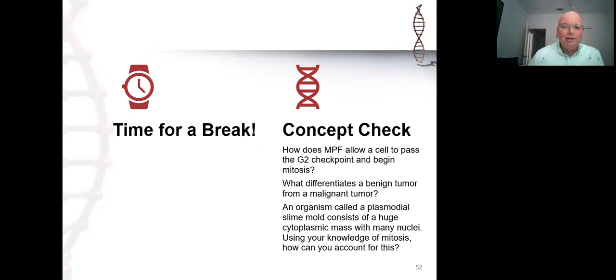And so over time, you get an accumulation of many nuclei in this large cytoplasmic mass. The cell continues to grow in terms of internal volume, but it never divides into individual daughter cells, even though it continues to produce nuclei. So that's how we can account for the occurrence of this particular organism.